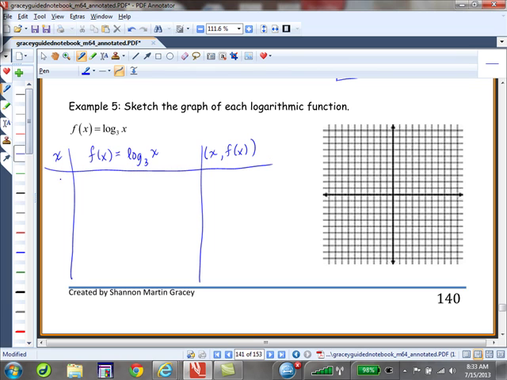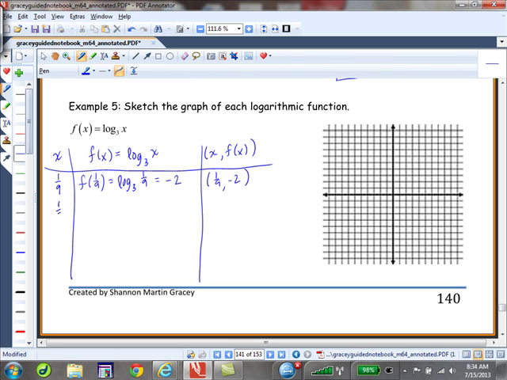I'm going to start with the resulting x being a fraction that is a power of 3 so that it works out nicely. I'm going to start with 1/9. So f evaluated at 1/9 is log base 3 of 1/9, which means the power to which we raise 3 to get 1/9 is -2. So we get the ordered pair 1/9, -2.